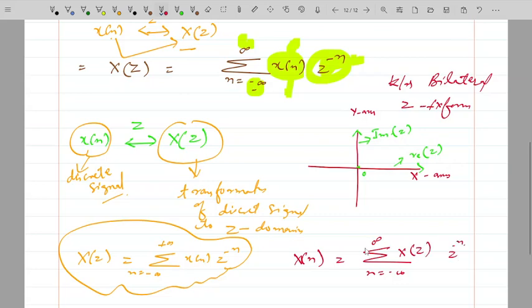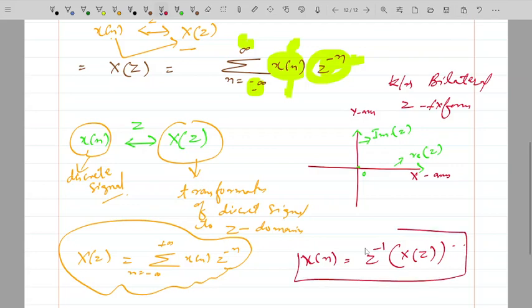So we follow this equation to find the inverse of the Z transform, that is, for finding x of n, the Z inverse of x of Z.